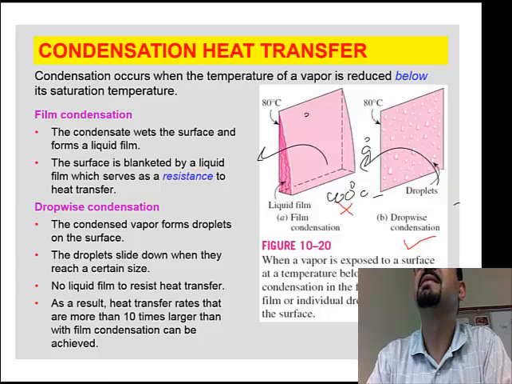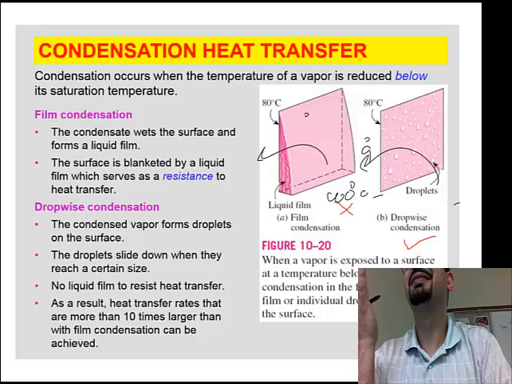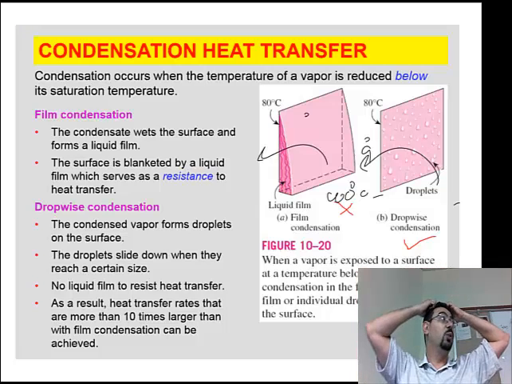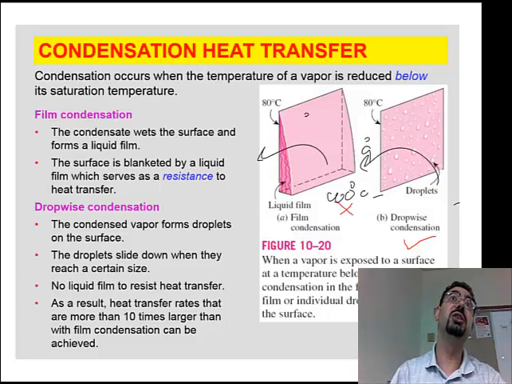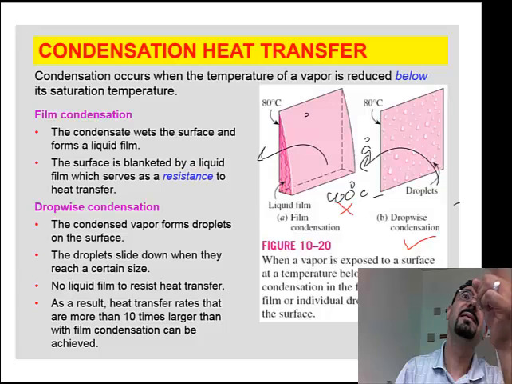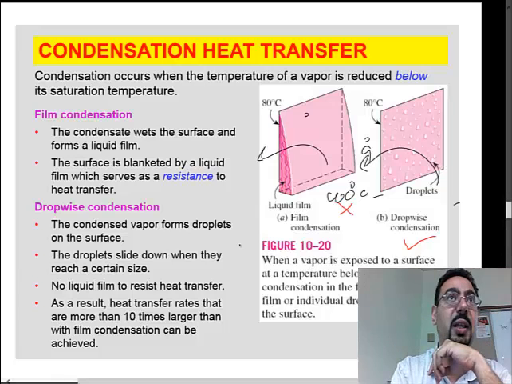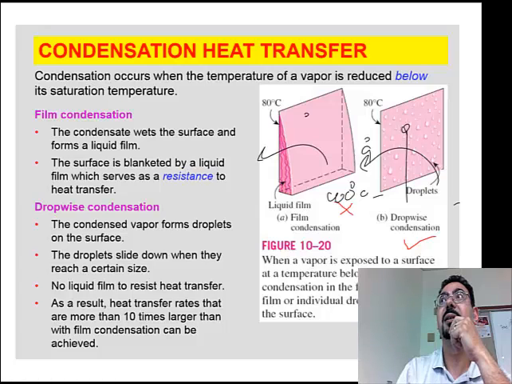That's my question: why is the h higher for dropwise condensation, and why would they love to keep it always at dropwise condensation? No, those droplets don't stay at the same place. Those droplets form and then fall down. Because the droplets are being replaced by new droplets, which keeps it going.